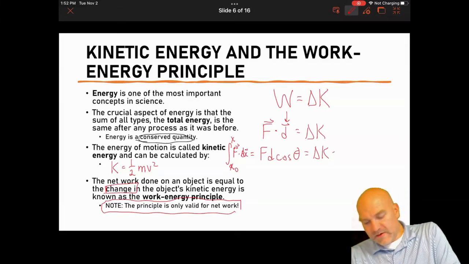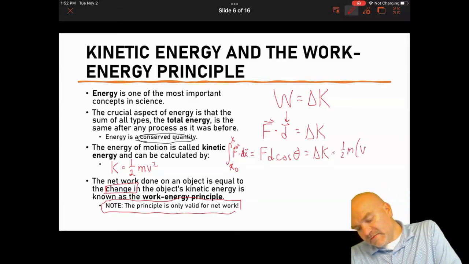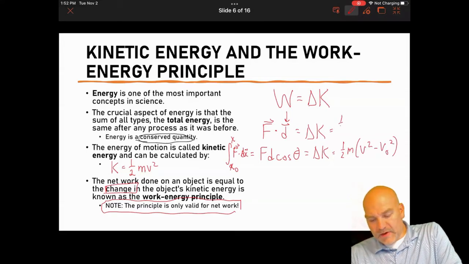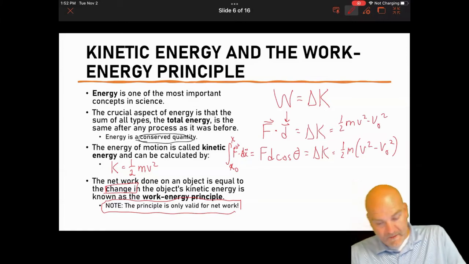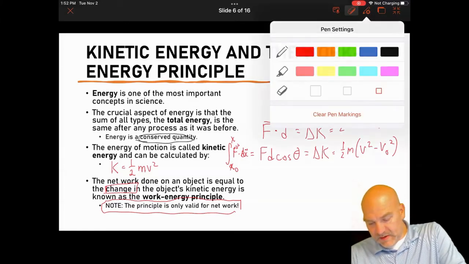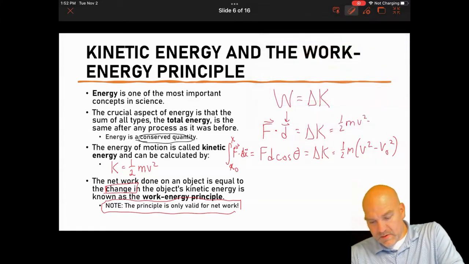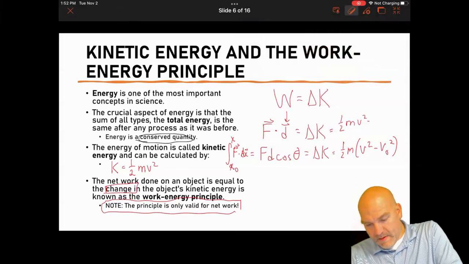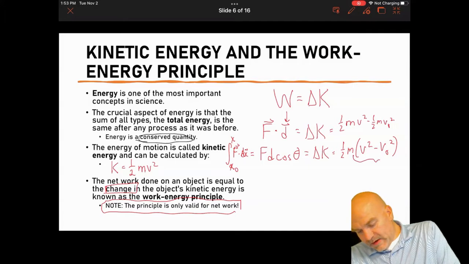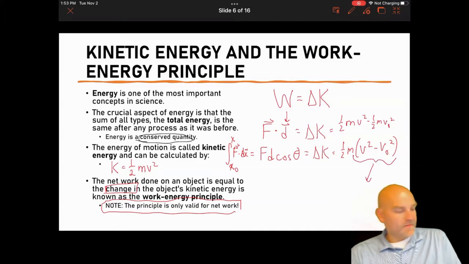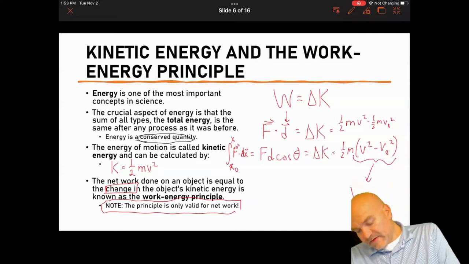All that equals work, but again, then the change in kinetic energy is 1/2 mass times v final squared minus v initial squared, right? Or you can write it like 1/2 m v squared minus 1/2 m v initial squared.